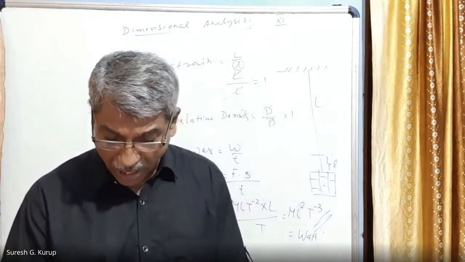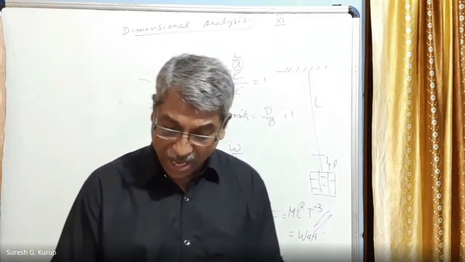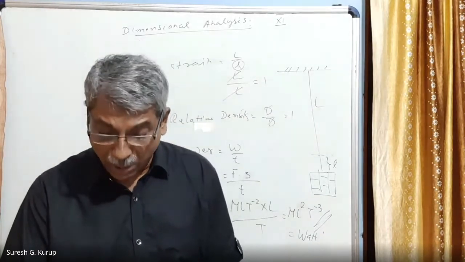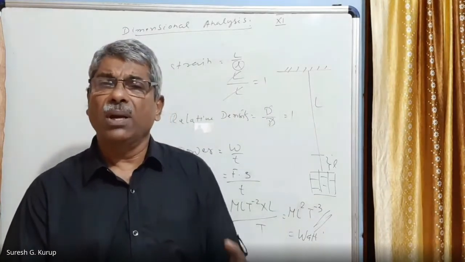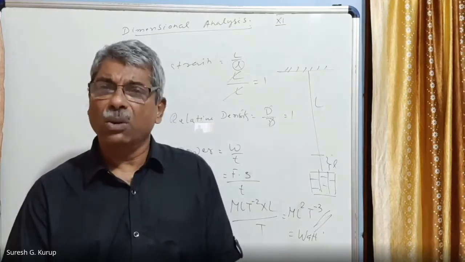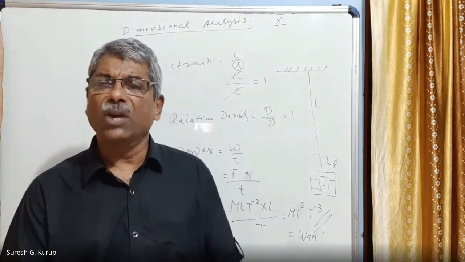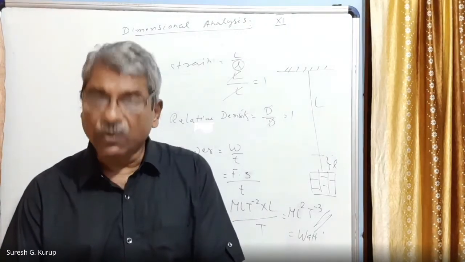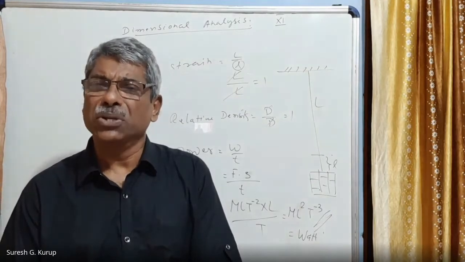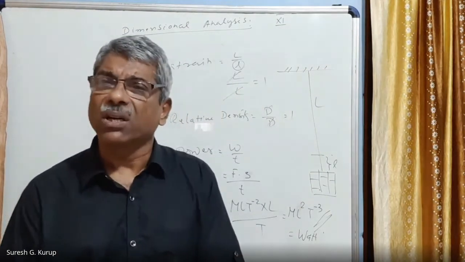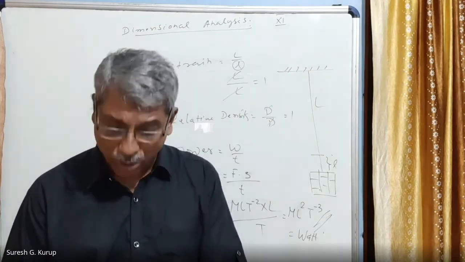Now there are so many advantages of dimensions. Dimensions can be used for conversion of one system into another system. For example, if the value of a physical quantity is in the SI system, we can convert it into the CGS system very easily using dimensions. Next, we can check the correctness of an equation. Any physically possible equation can be checked for whether it is correct or not.